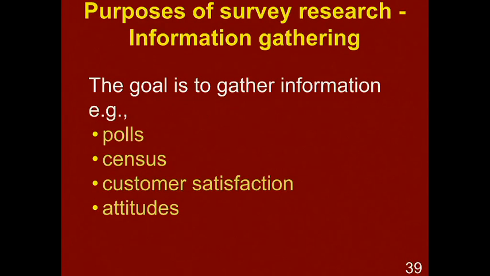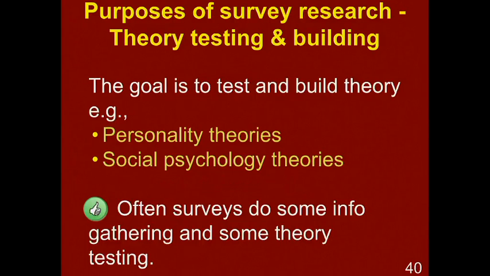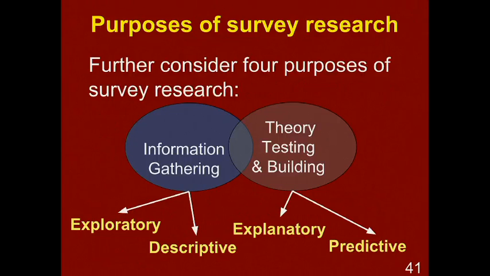So information gathering: polls, census, customer satisfaction, even attitudes. If we're not testing a hypothesis, we're really just gathering information. For theory testing and building, we might be using personality theory, social psych theory, etc. Now we can divide those a little bit further.